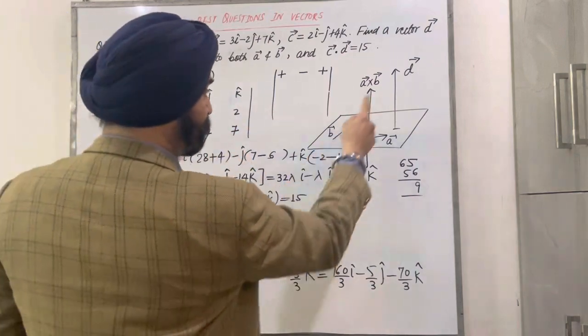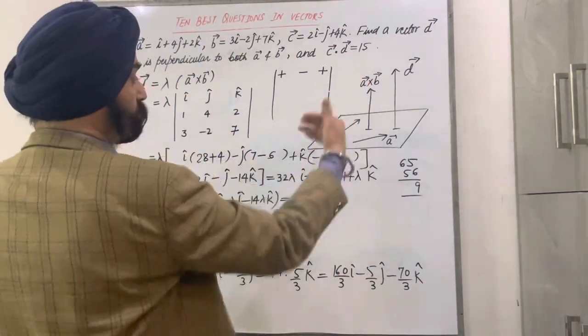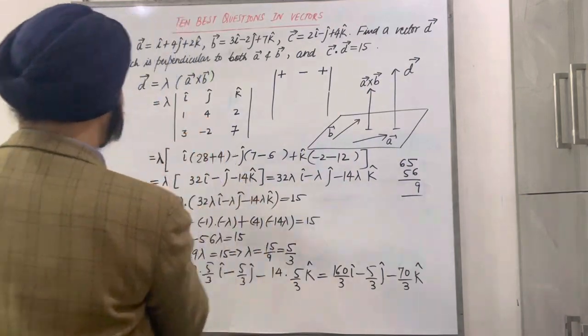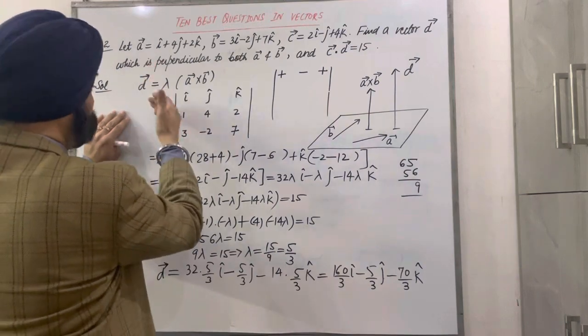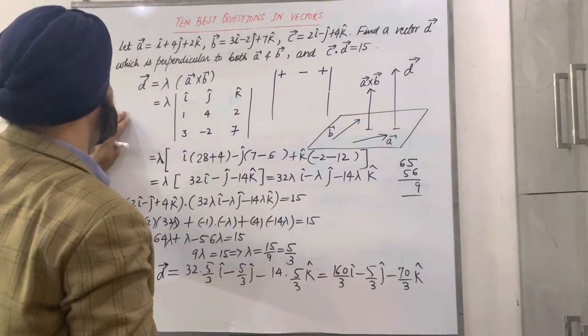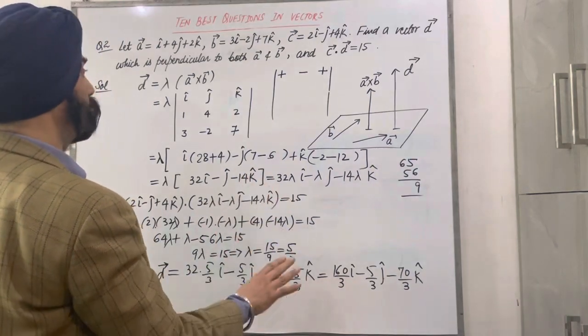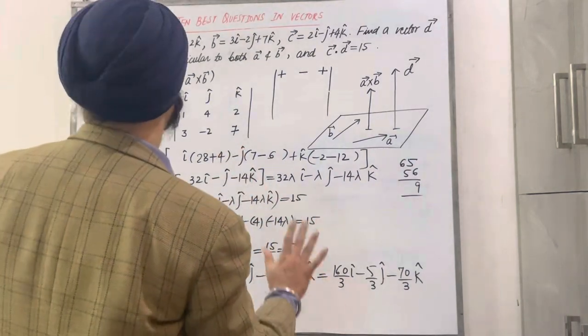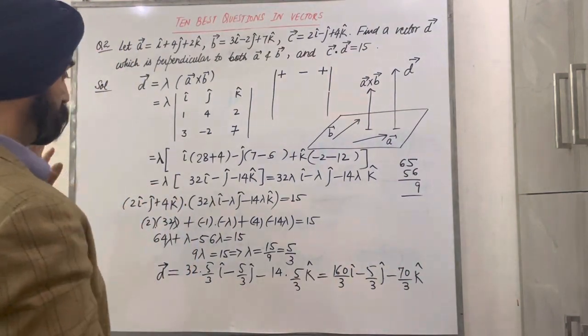Don't be in confusion that D exactly is equal to A cross B. No, D will be parallel to A cross B. So that's why what we have written is vector D is equal to lambda, meaning an unknown constant, times the cross product of the two vectors A and B. This is also one of the most important sums from the CBSE point of view. Over to the third question now.